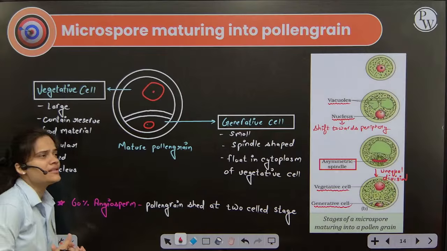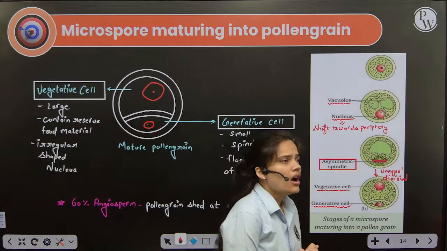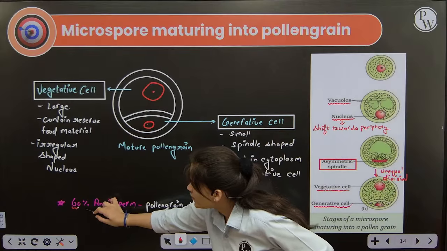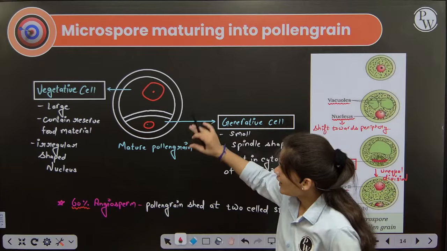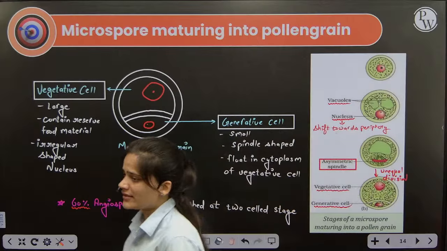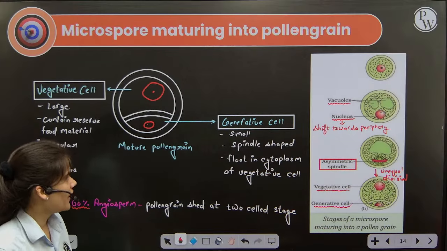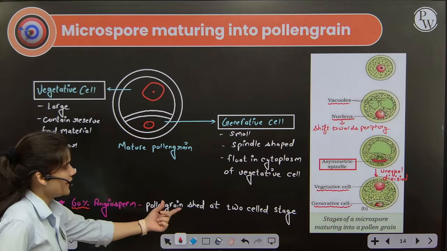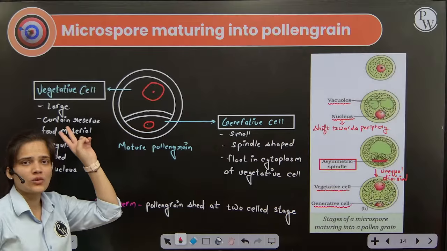What happens in angiosperms? Out of 100%, in almost 60% of angiosperms, the mature pollen grain is in the two cell stage, vegetative cell and generative cell, and the pollen grain is shed at this two cell stage.